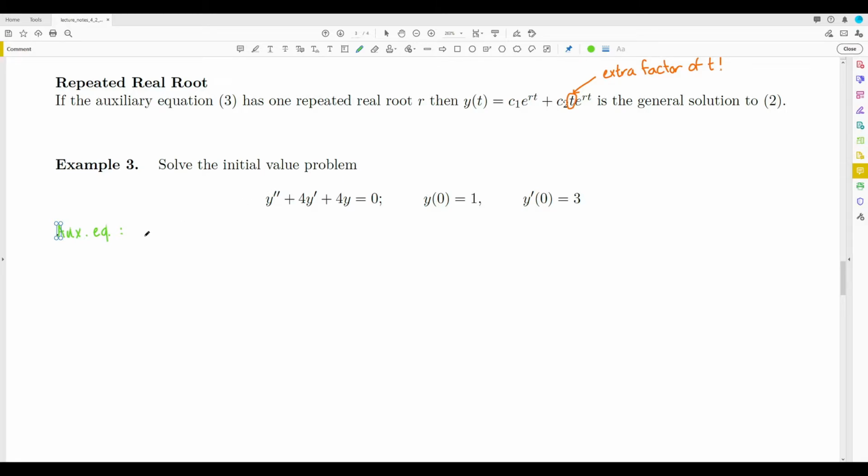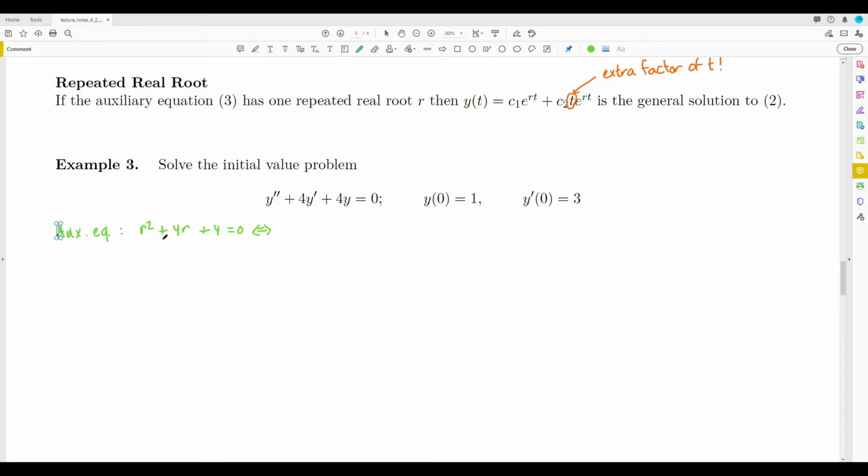And so we replace the y double prime by an r squared plus 4 times the y prime becomes an r, and then plus 4 as a constant term, that equals 0.